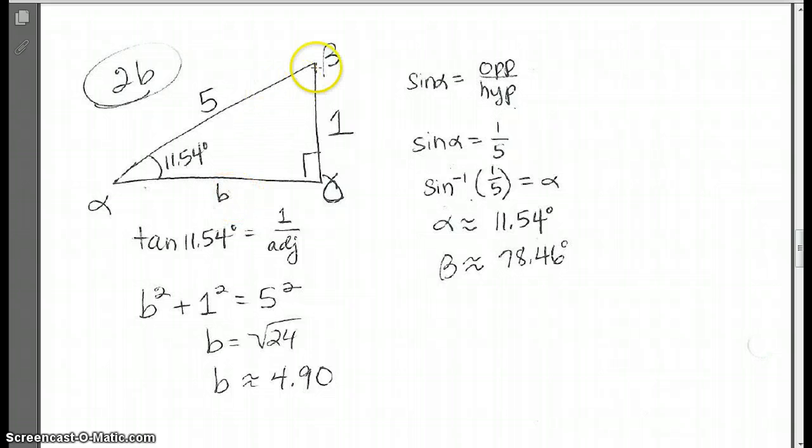To get beta, again, it's a right triangle, so you're going to subtract this from 90 degrees, or if you want to verify it, then you would also have the option of saying that the sine of this alpha is opposite over hypotenuse. So that's one way to get that alpha is 11.54.